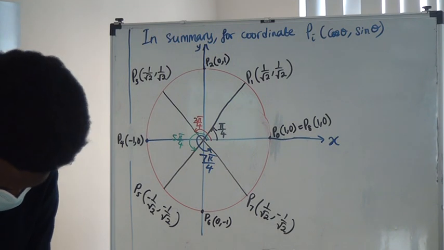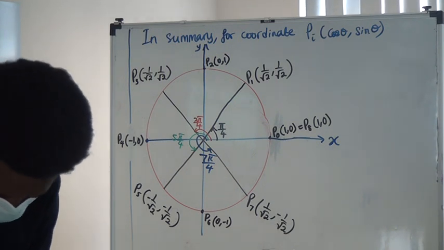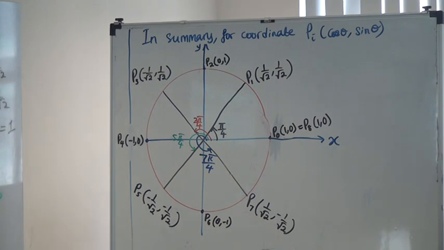Just do the exact same thing you did for here. There's a rule where everything in cosine is negative, right? So that's how you can do it. You're confused with the negative part.